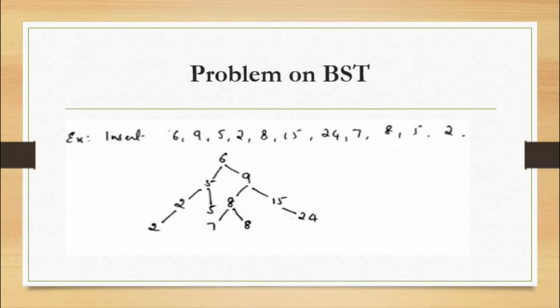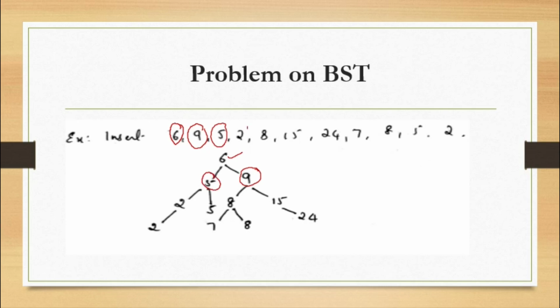So we have a problem here. How do we store the numbers? I get 6 in the beginning, so that is the root. Then 9: 9 is greater than 6, so it comes to the right. Next is 5, and 5 is lesser than 6, so I put it into the left.